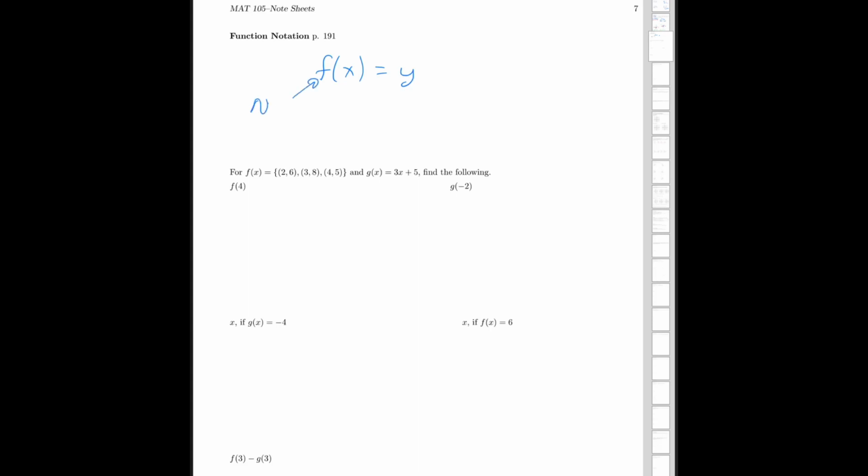The f is the name of the function. The value inside the parentheses is the x, or the input or domain value of the function. And the whole thing is equal to y.